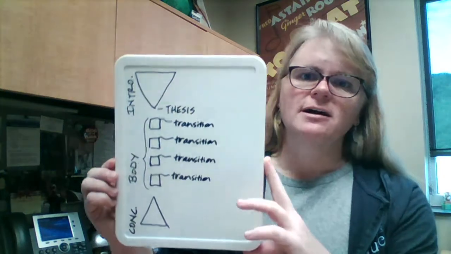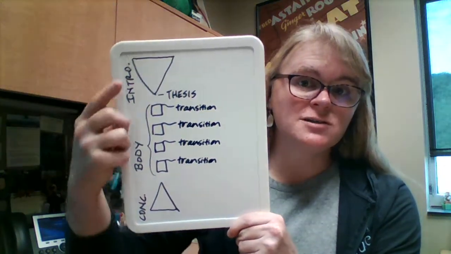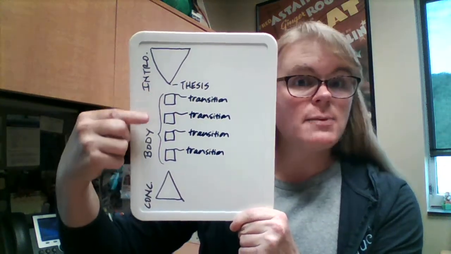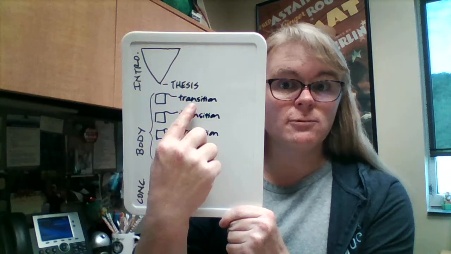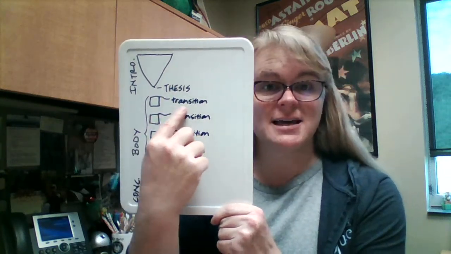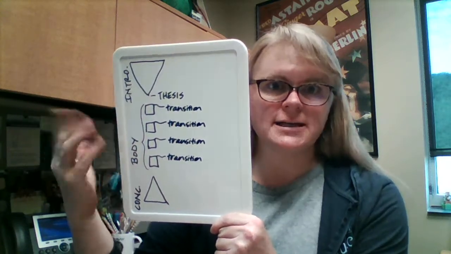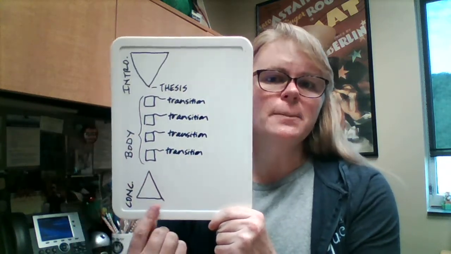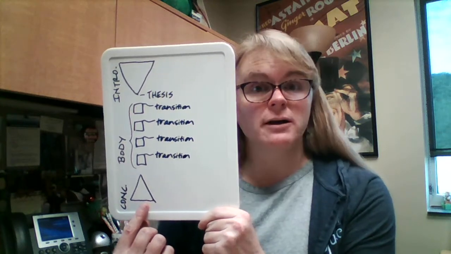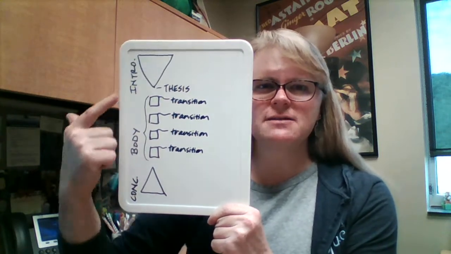So we've got our intro paragraph that ends with our thesis, and the body paragraphs, each one starting with a really clear sentence that connects it to whatever came before and tells you how it's connected to the thesis. The final paragraph of the essay is the conclusion paragraph, and it works opposite of the intro.